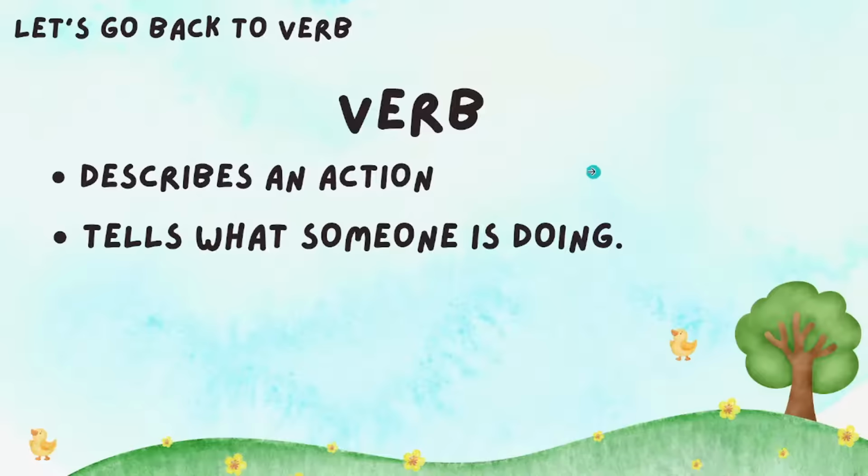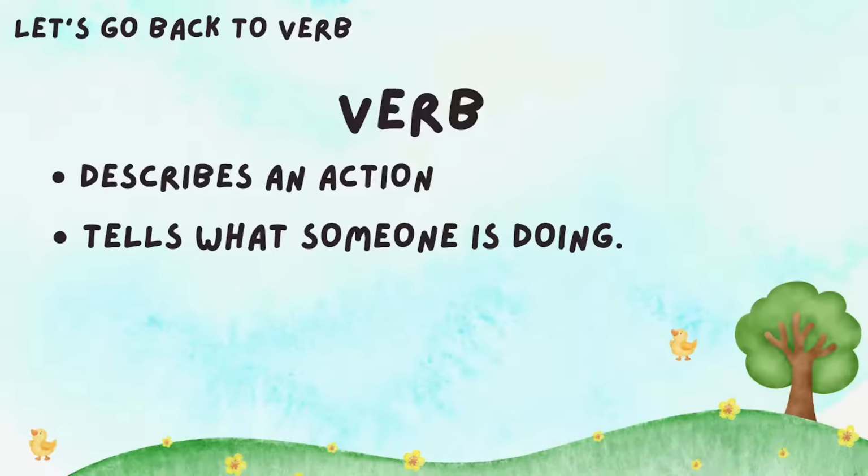Of course, we know that a verb is an action word or it describes an action. It tells what someone is doing. Like now, for example, I'm talking to everyone. I'm teaching everyone. That's already a verb because I'm talking, I'm teaching, and everyone out there is listening to me. So, everyone is already doing an action.